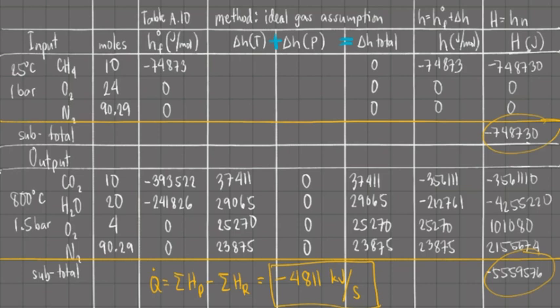We can also specify the contributions to delta H coming from the change in temperature and from the change in pressure. For the flow of solution involving real gases or for the other methods of estimating the value of delta H, I'll be showing that in a separate video under a different solution. Okay? But for most purposes, this flow of solution involving the assumption that our substances are ideal gases is satisfactory.